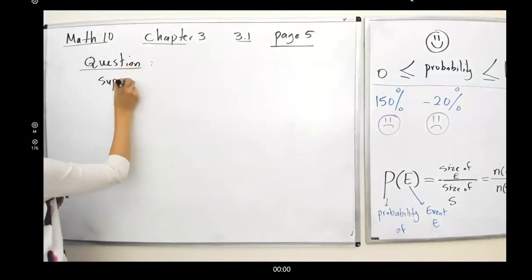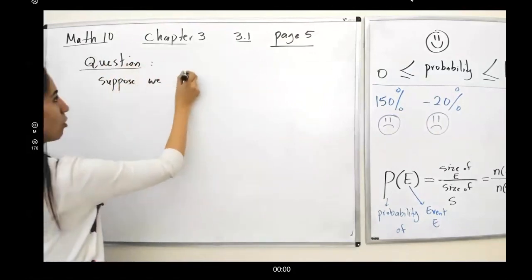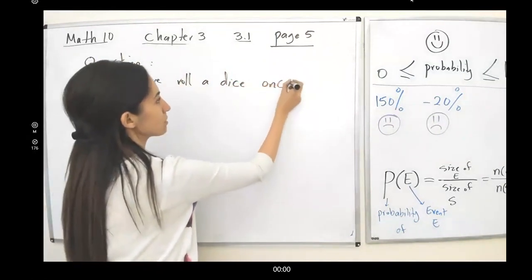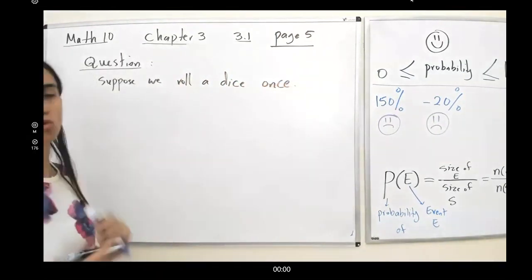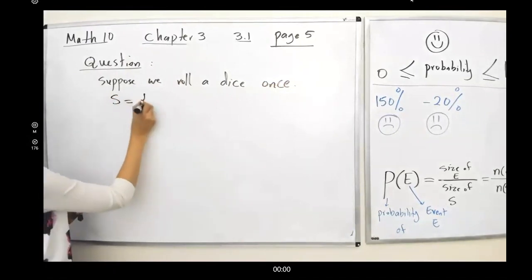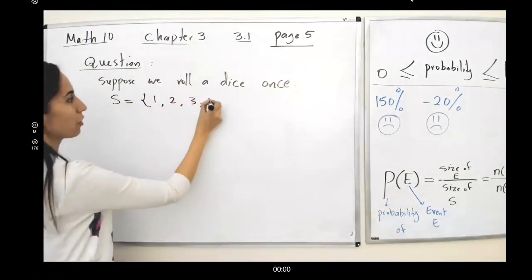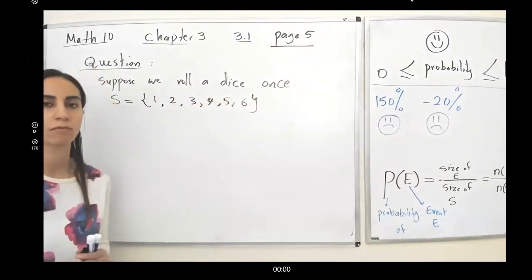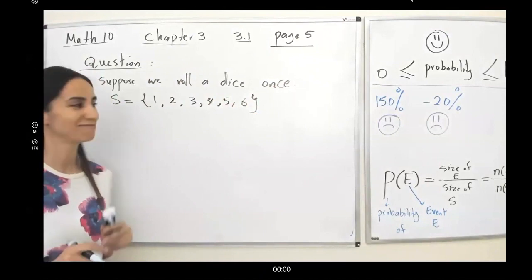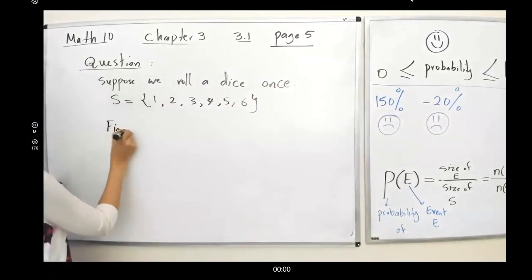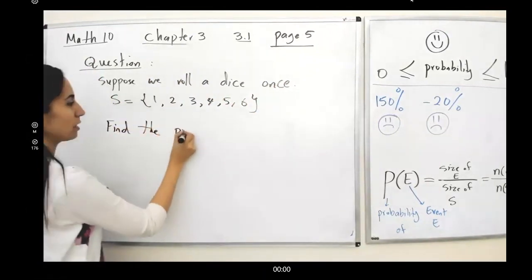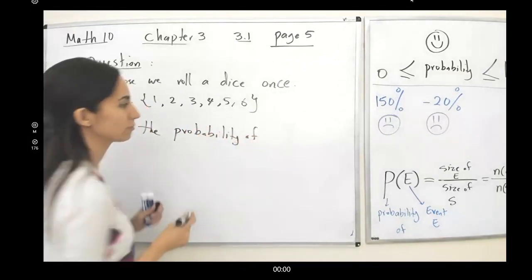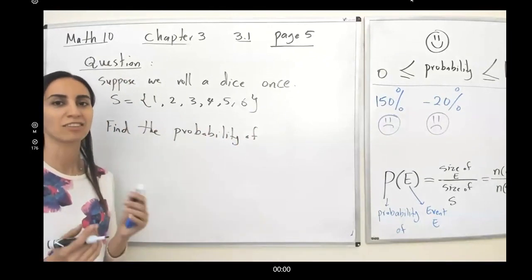Suppose we roll a die once. So our sample space, you know, includes 1, 2, 3, 4, 5, and 6. Here's my question. Find the probability of having 7.